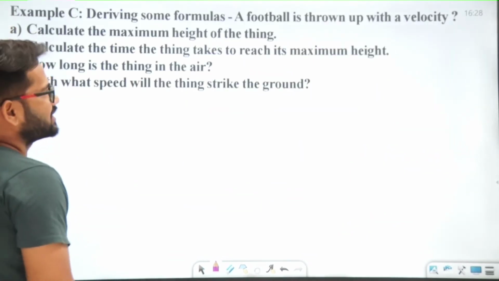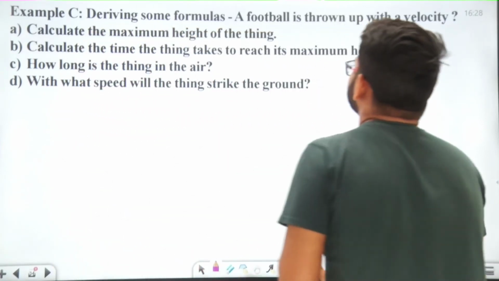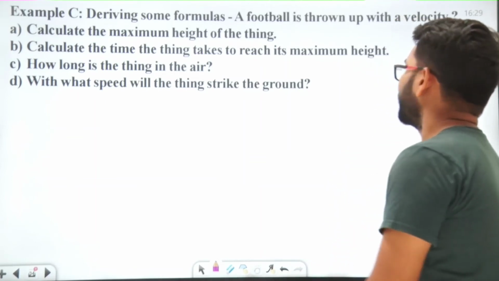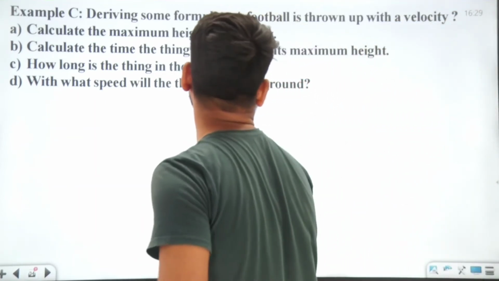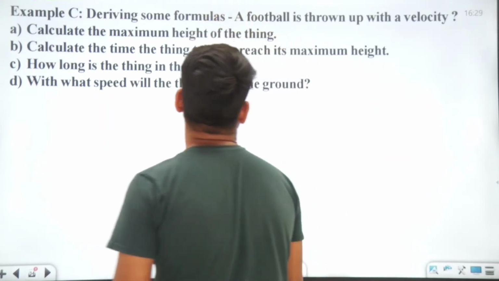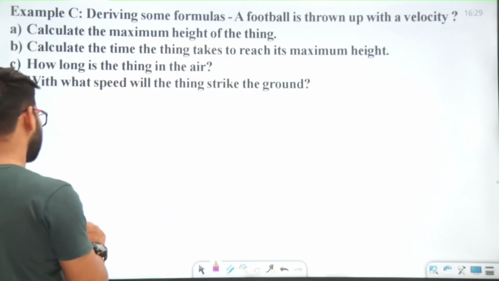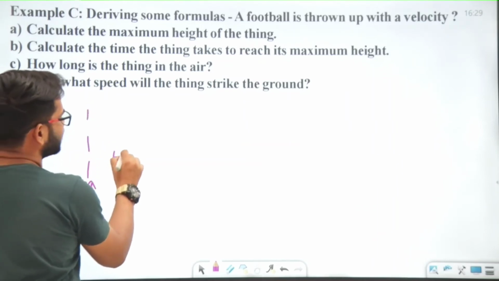Let's take a question and solve it. A football is thrown up with a velocity. We derived the equations we are going to apply here. Calculate the maximum height. Students, in the last part we calculated the maximum height.